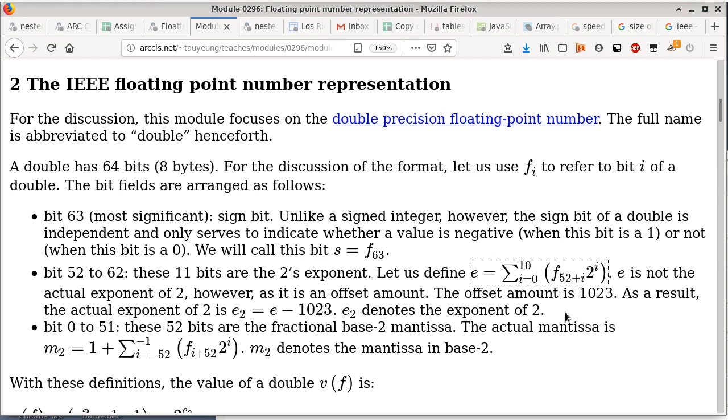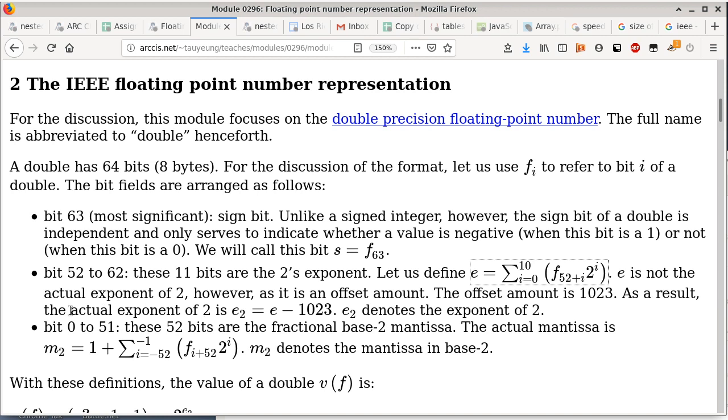That wouldn't be very helpful, because we would like to express the mass of an electron, which is not going to have a positive exponent. It's going to have a negative exponent, right? So that means e itself is not the final answer. The actual exponent of 2 is what I use e2 for. Let me highlight that portion here.